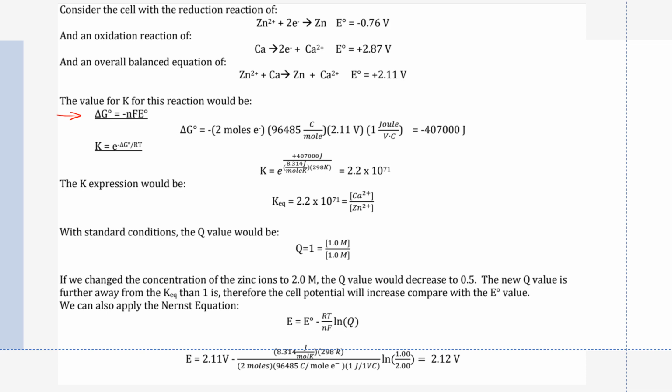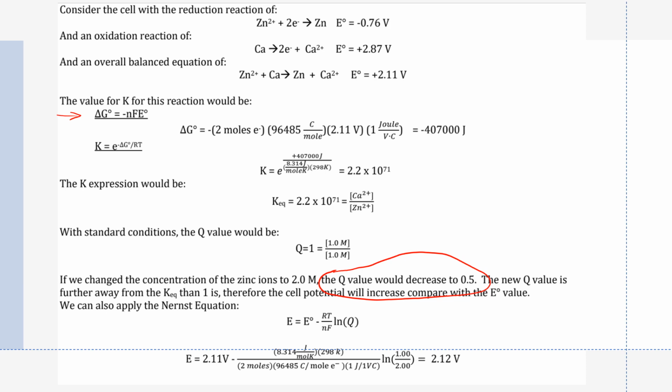If we change the concentration of the zinc ions to 2.0 molar, your Q value would decrease to 0.5. This means that the new Q value is further away from the K equilibrium than 1. So we can also apply the Nernst equation.